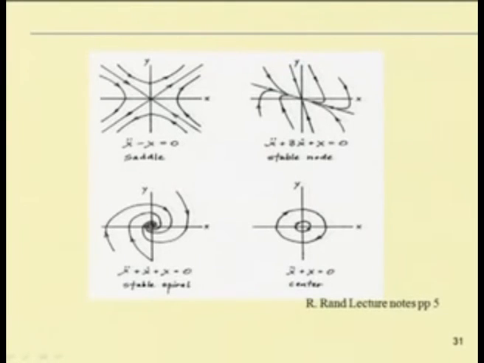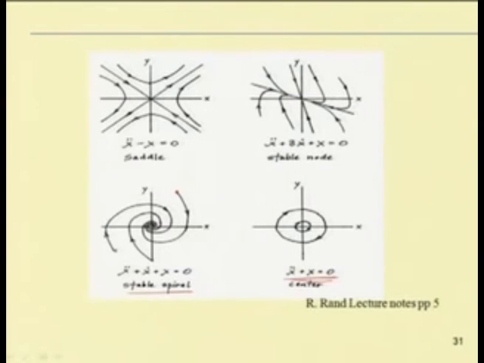Whether you are starting from this initial point or this initial point or this initial point, it will spiral to come to this equilibrium position. So, here the equilibrium position is x equal to 0. By substituting x dot equal to 0 and x double dot equal to 0, the response is x equal to 0. So, this is a stable spiral in this case.